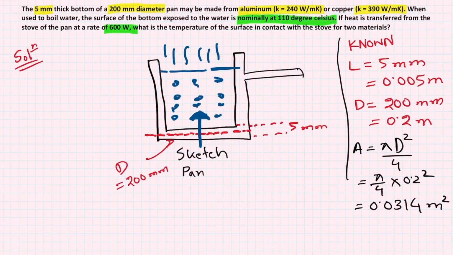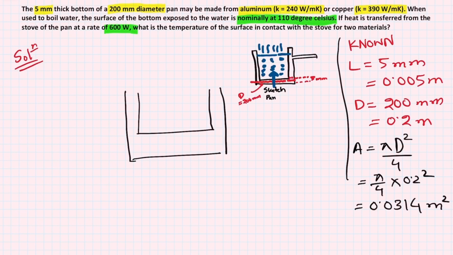To better understand this problem, we can simply draw the bottom surface of the pan and take a closer look. So now I have drawn the bottom surface and zoomed it a bit to help us understand. We know this thickness is L. We know the cross-sectional area, which is given by A, and we also know some more information.